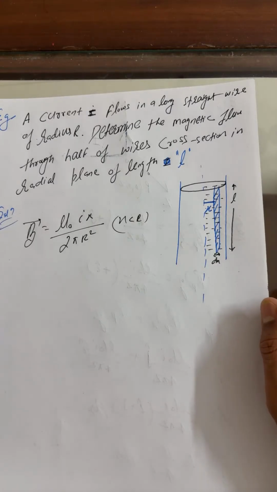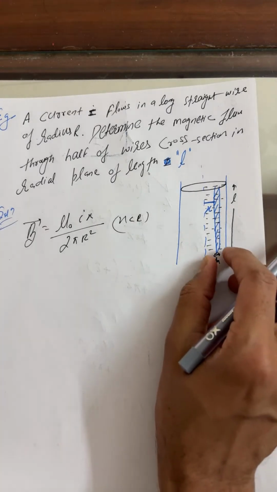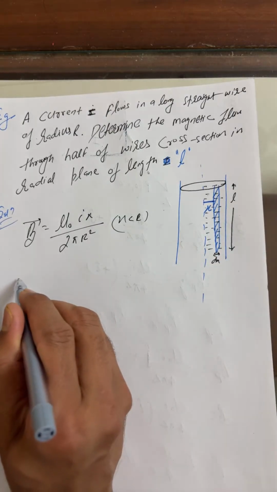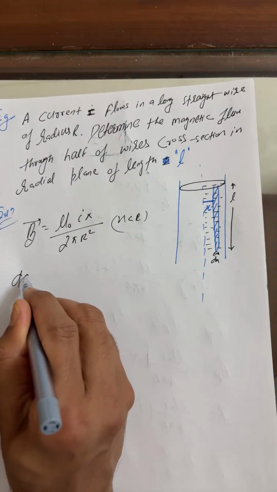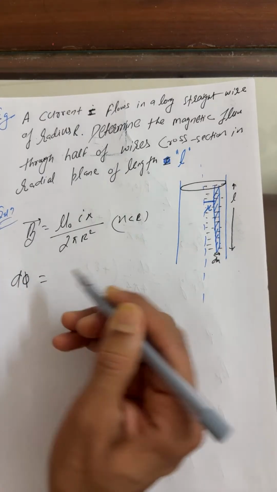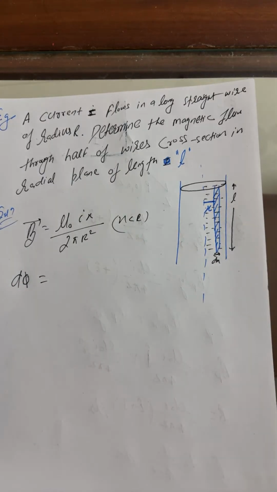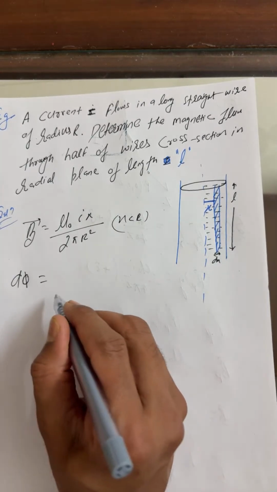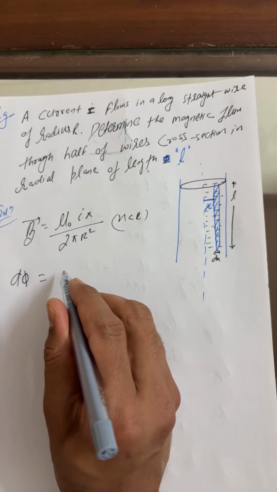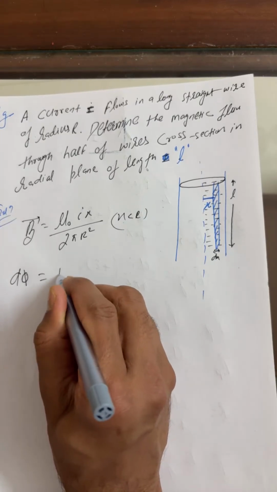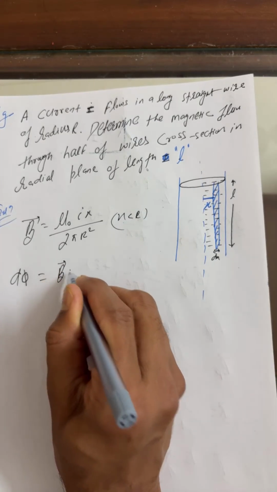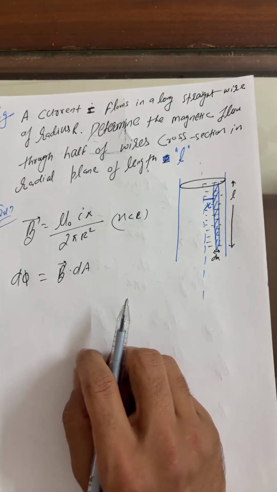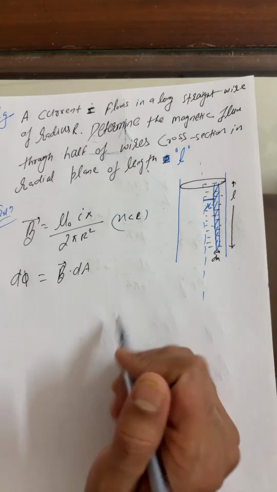Okay, we wish to find flux here. Because it's a small elemental strip, I am going to write d phi. I hope all of you remember that magnetic flux for the elemental strip is B into dA.